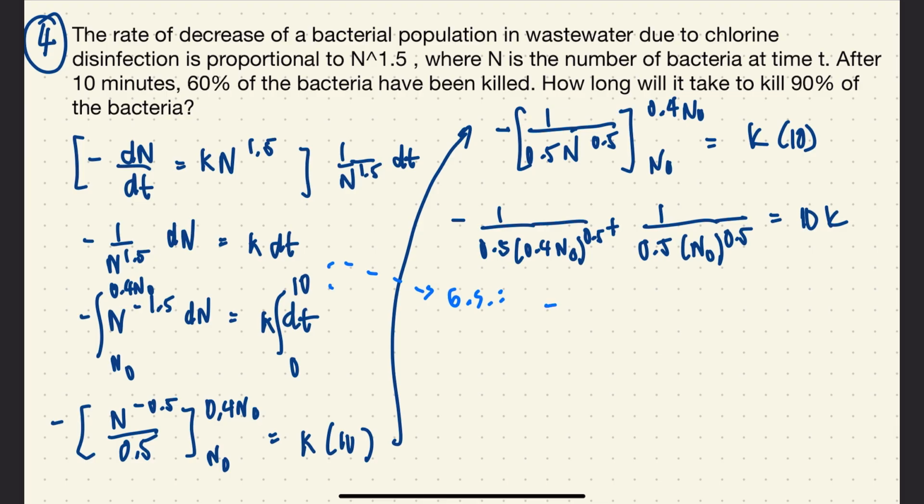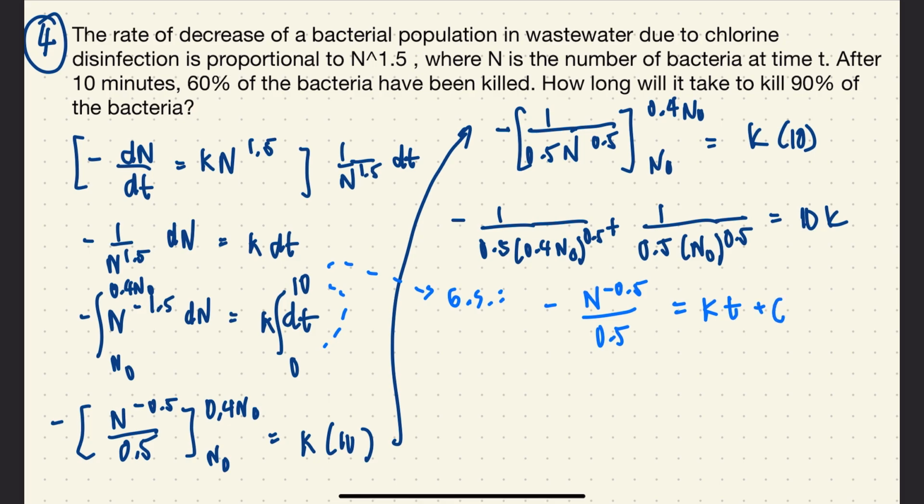When you don't integrate it with the limits, this becomes n raised to negative 0.5 over negative 0.5 is equal to kt plus c, right?